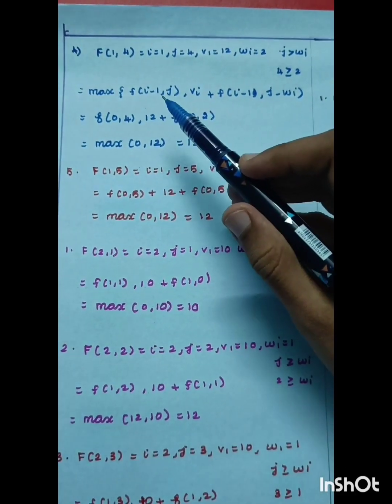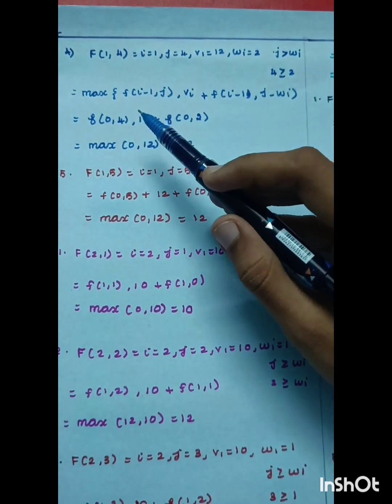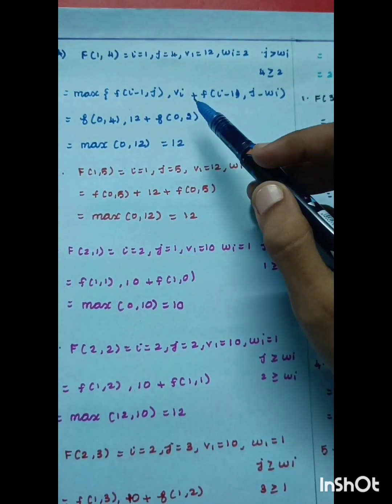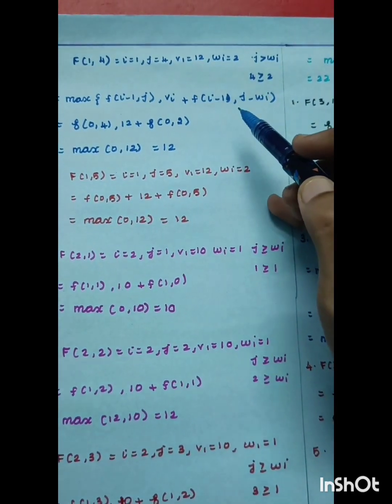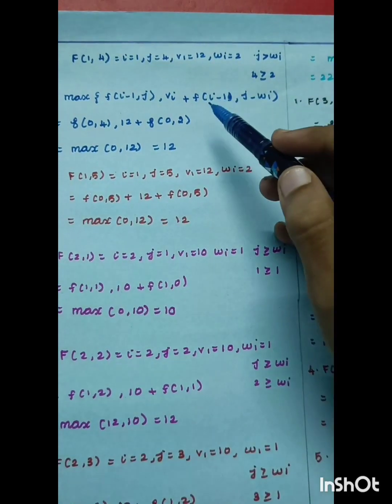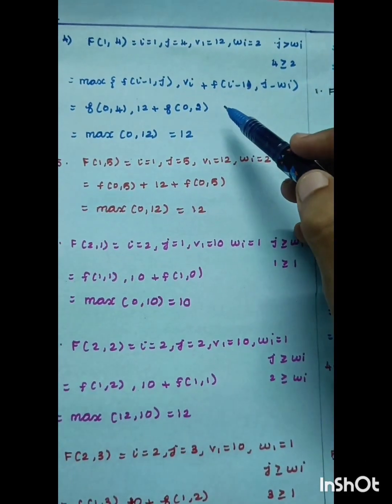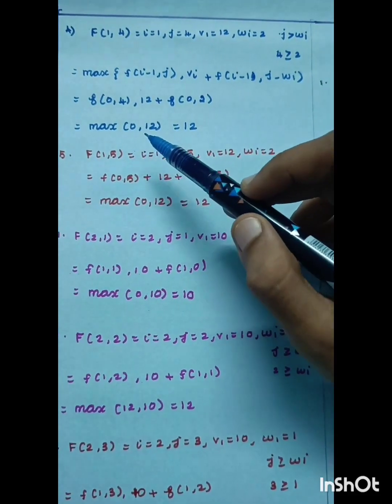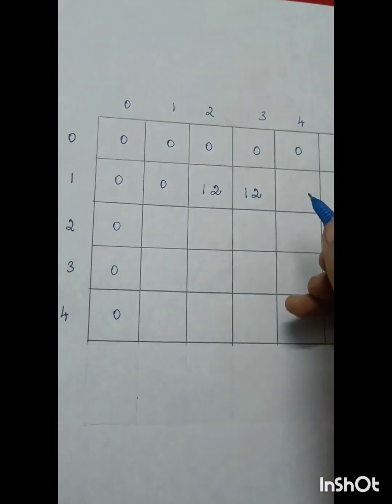So f of i minus 1 comma j, i value is 1, so 1 minus 1 is 0 and j value is 4. v1 is 12 plus f of i minus 1 comma j minus wi: 1 minus 1 is 0, j value is 4, 4 minus 2 is 2. So max of 0 comma 12. Again the value is 12. So we fill the value of 1 comma 4 in the matrix box as 12.